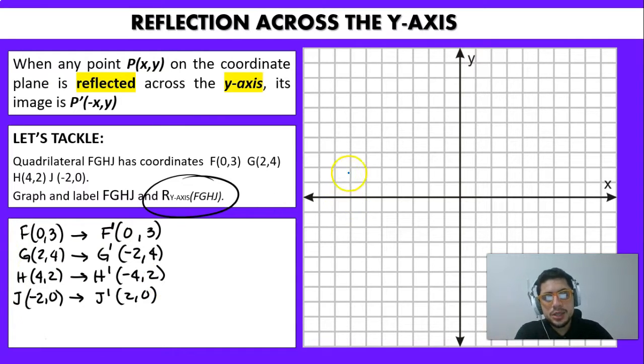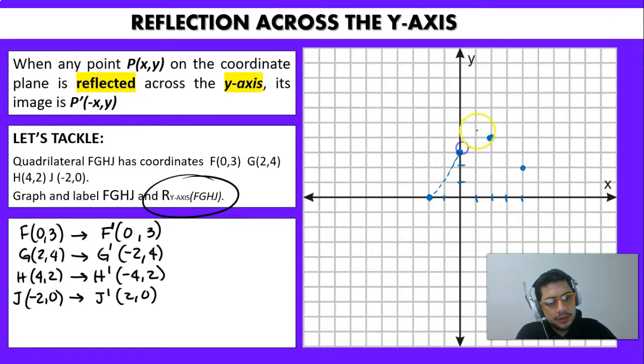So the pre-image is going to be (0, 3), right? So 0, 1, 2, 3. It's going to be here. (2, 4): 1, 2, 4. It's going to be (4, 2): 3, 4, and 2, and (-2, 0): 1, 2, 0.